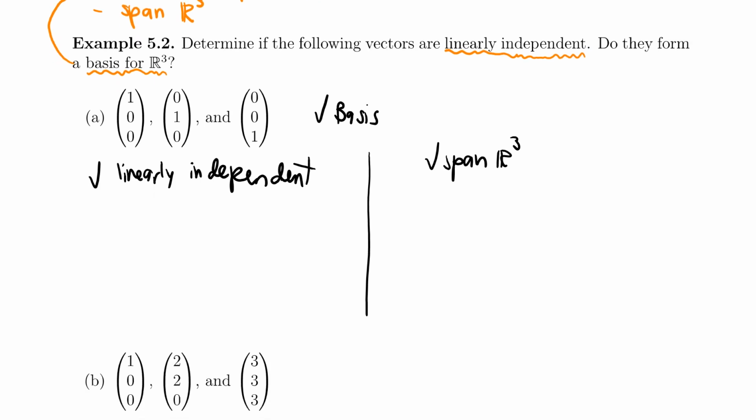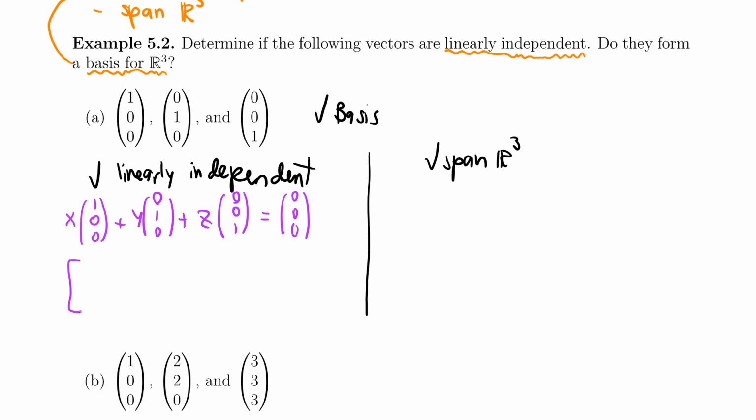Well, to check if they are linearly independent, the definition is that I need to solve the system of this vector equation. So something times the first one plus something times the second one plus something times the third one, and I want to set my right hand side to be just the zero vector. If they indeed are linearly independent, then the only solution to this vector equation had better be all zero, just 0, 0, 0.